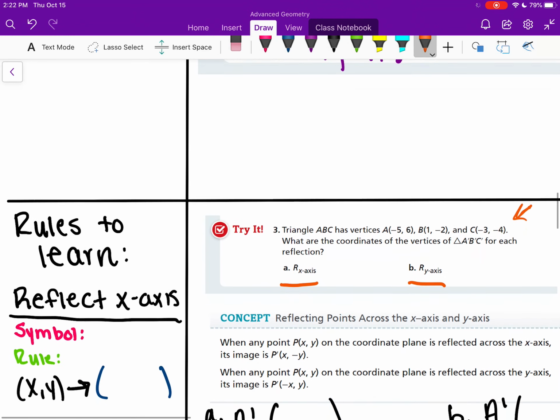If we reflect across the x-axis, we symbolize it, we write it as capital R, reflection, across the x-axis, so R sub smaller x-axis, which is what they have literally right here. And the coordinates that we're given, x comma y, simply just become x comma negative y.